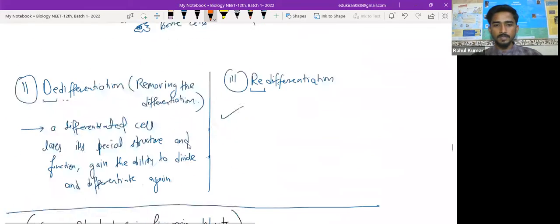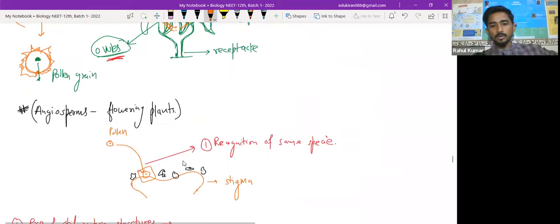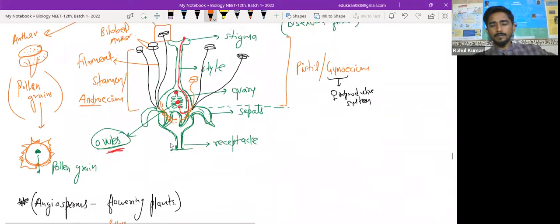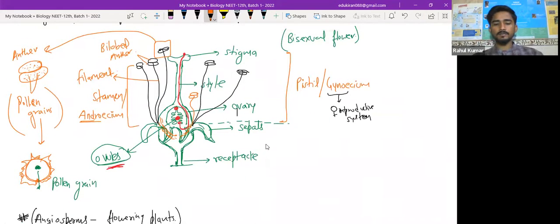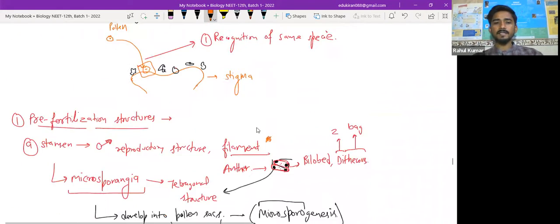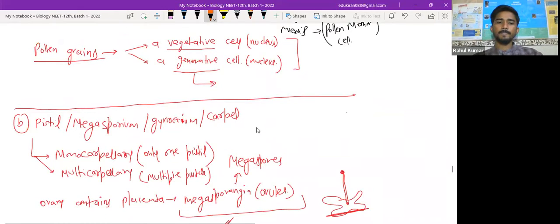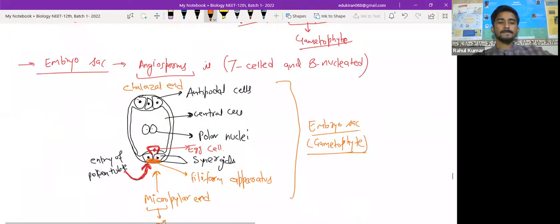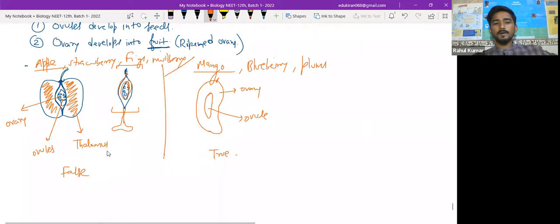So if it is not the ovary, then what are the other parts that can develop into a fruit? This whole part, the receptacle, thalamus, pedicle. So write down parts like thalamus, and apart from thalamus there will be parts like perianth. From perianth your jackfruit is made. Everyone knows jackfruit.